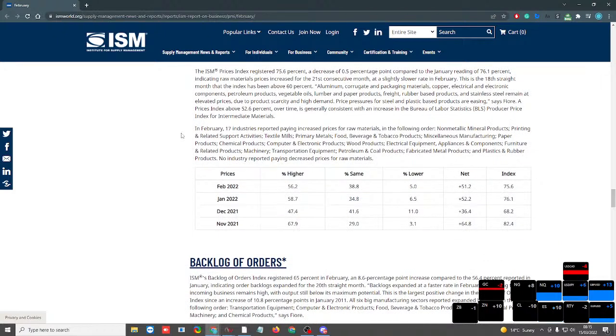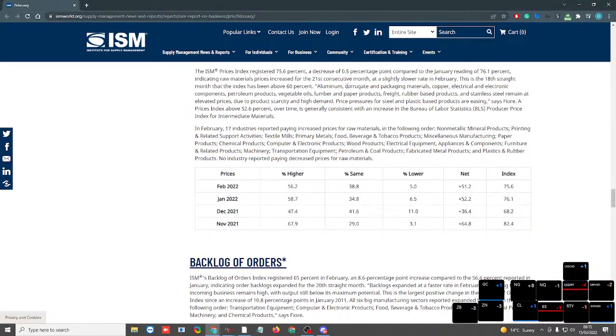So there was a decrease in the prices being paid, although it was the 21st consecutive month of price increases overall. But it was at a slightly slower rate in February. Now, with the Ukraine conflict, we'll see how much that causes the PPI to affect the manufacturing sector and the economy overall. Bear in mind, this report for the ISM measures the US in its entirety.